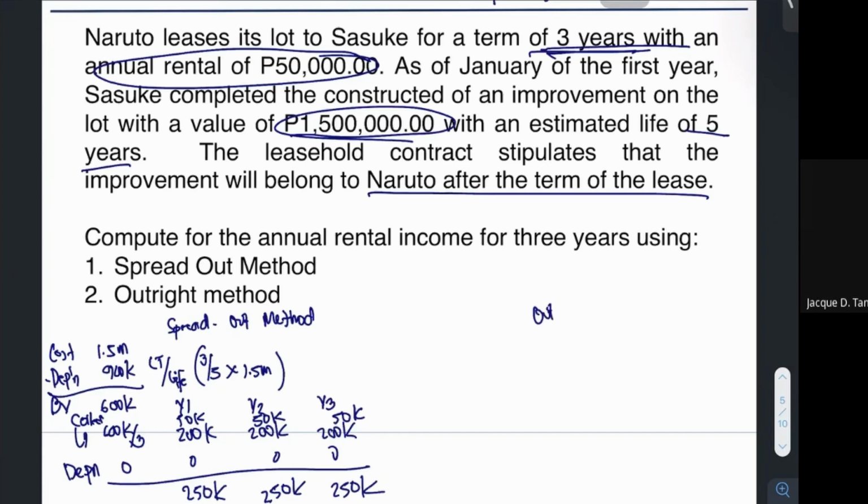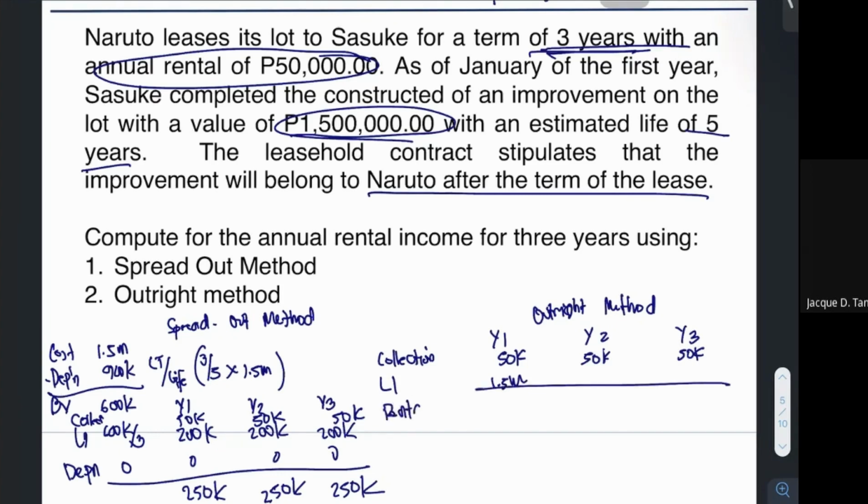Next, for outright method. Under outright method, what we do is we get the value of our leasehold improvement as a whole. So we have here your collection. Annual is 50,000, right? Okay. And then we add as a whole the value of our leasehold improvement on the year you have completed the leasehold improvement. So what is our rental income?